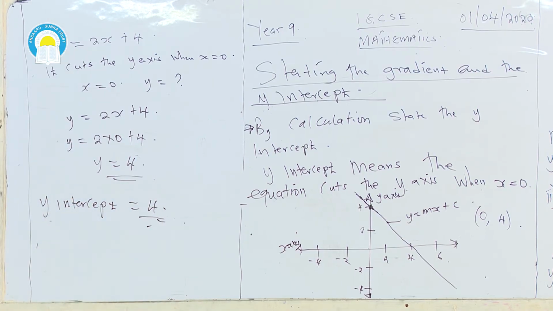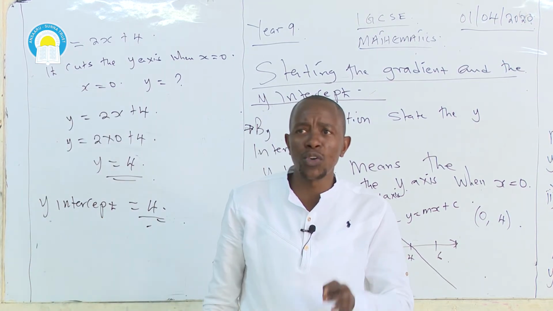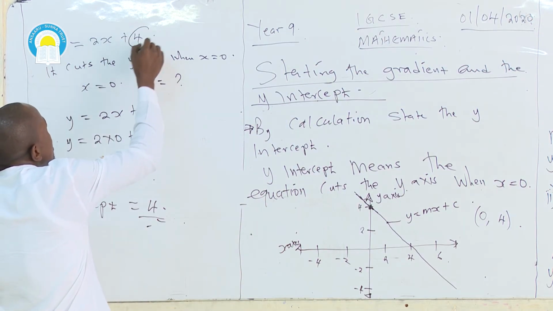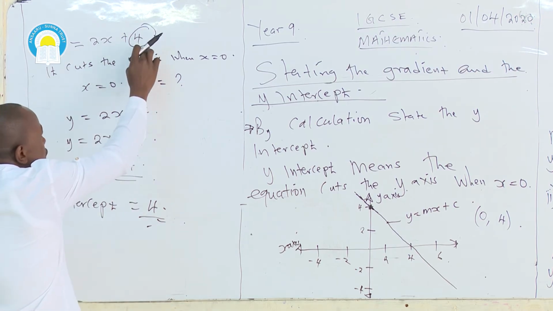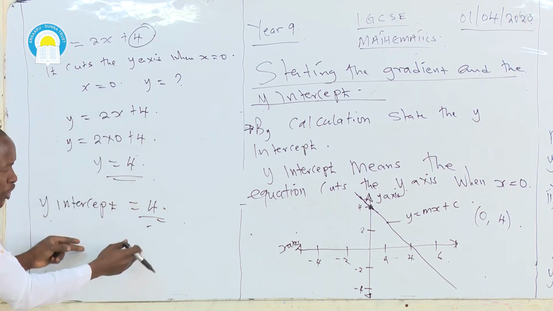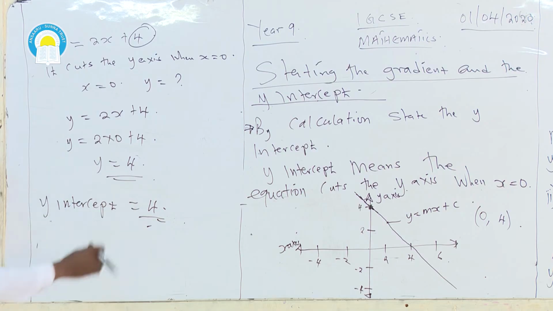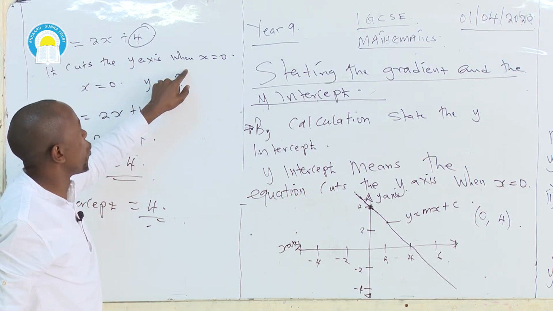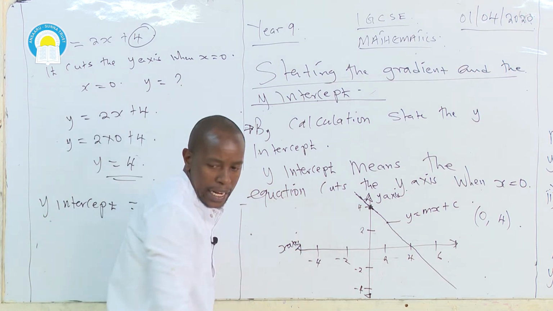When the equations are written in the form of y is equal to mx plus c, the constant c gives us the y-intercept. And by calculation, you've realized that y is equal to 4. You need to know it cuts the y-axis when x is equal to 0, and we've shown you that.